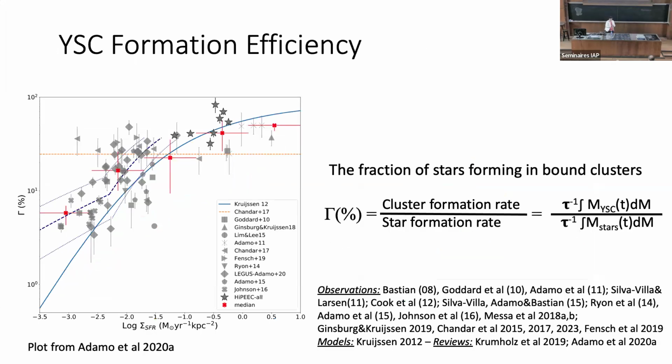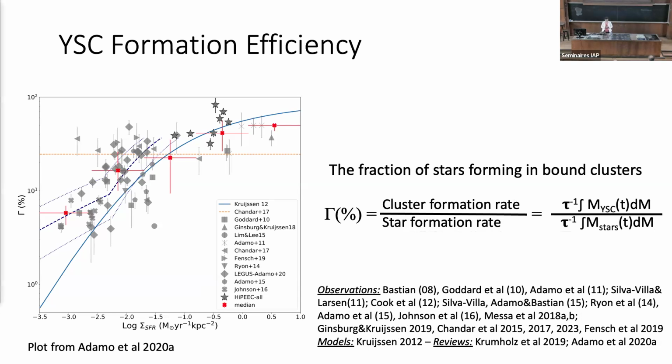Then other information that I think is useful for this talk about star cluster populations is how much star formation in galaxies takes place in star clusters. We have been trying to derive these values using different galaxy properties.